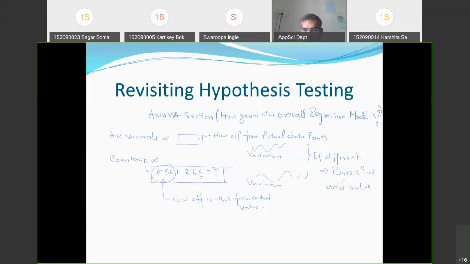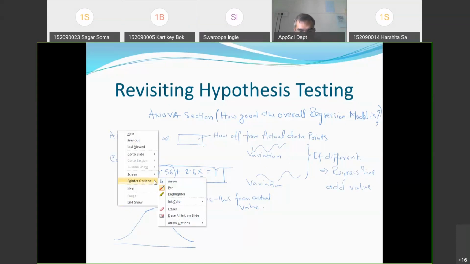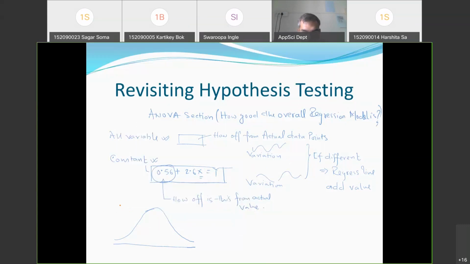Okay. So to compare variation in hypothesis testing, what we were doing, we were comparing basically the mean, when we are using the normal distribution. So using the normal distribution for hypothesis testing, we were comparing the mean.